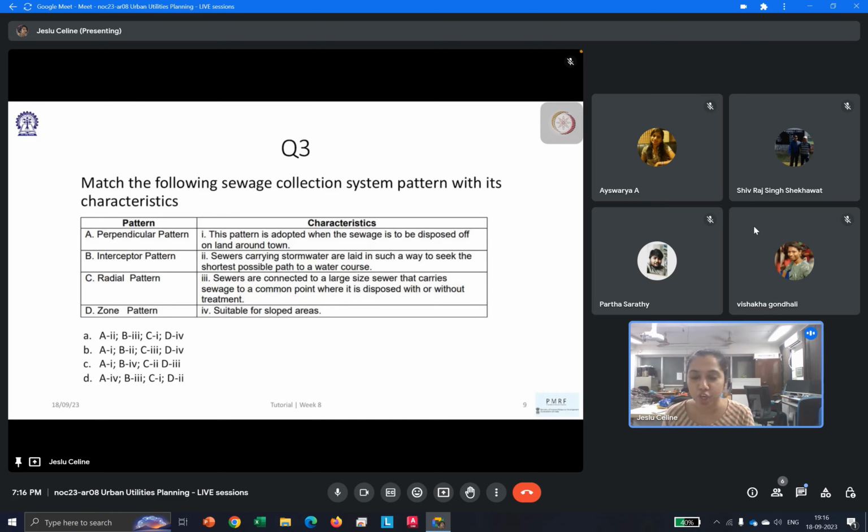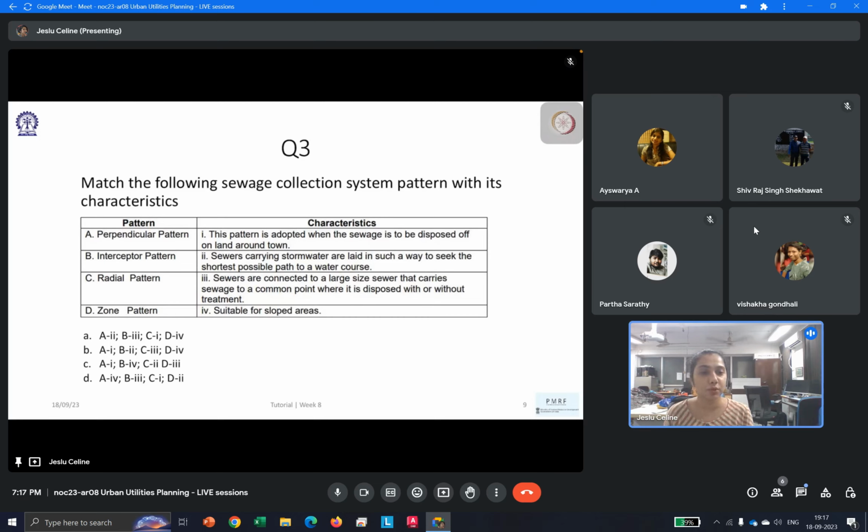Is it the pattern adopted when the sewage is to be disposed of on land around the town? Or is it sewers carrying stormwater laid in such a way as to seek the shortest possible path to a watercourse? Or is it option 3, sewers are connected to large size sewers that carry sewage to a common point where it's disposed with or without treatment? And 4, suitable for sloped areas.